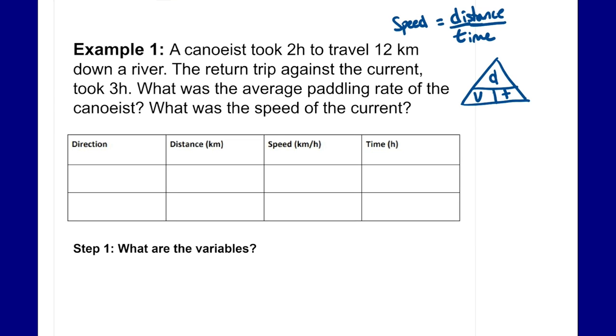If I wanted to find speed or velocity, I cover that up, and I have distance divided by time. Same thing if I wanted to find time: time is distance divided by velocity. So that's how that triangle works. You could use that to help you come up with the different equations that you may need for these solutions.